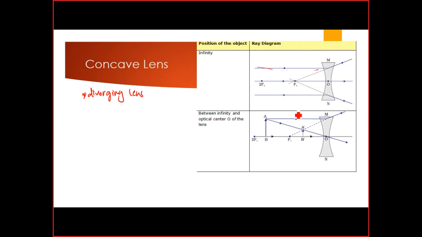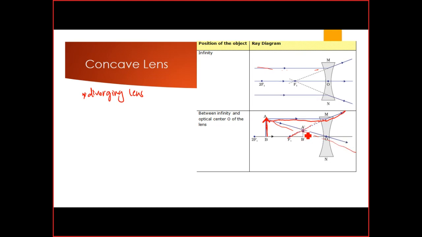So how do you draw the image? Assuming this is your object, let the light from the object pass through the diverging lens, and let the rays diverge. This one will also diverge out.